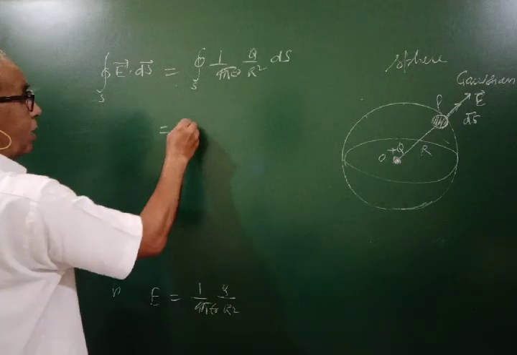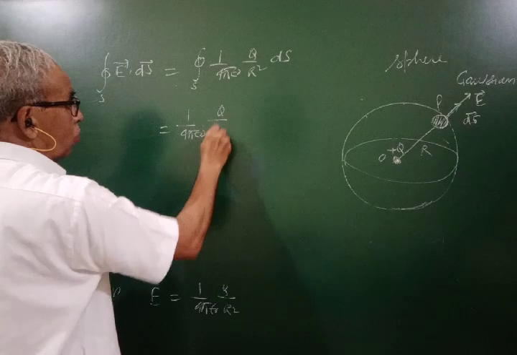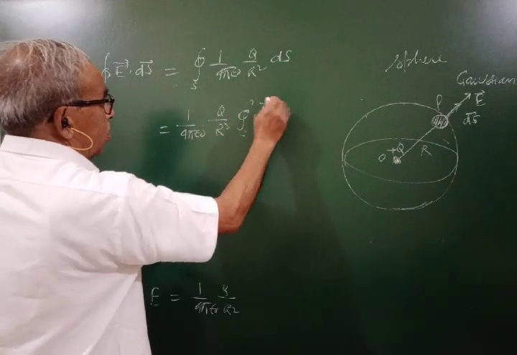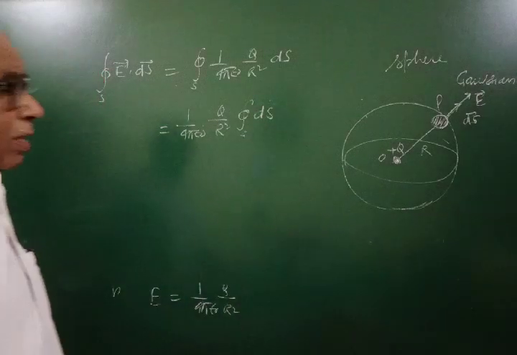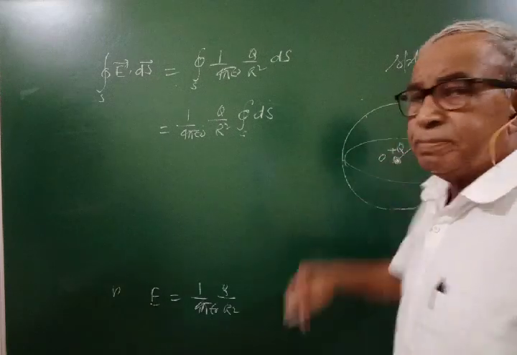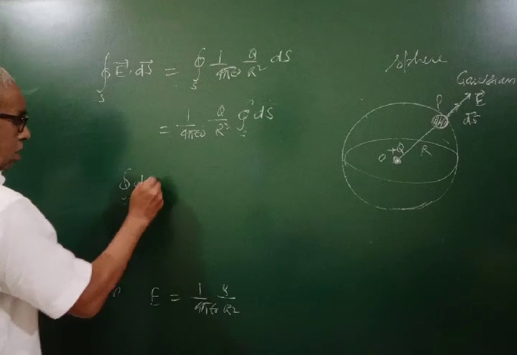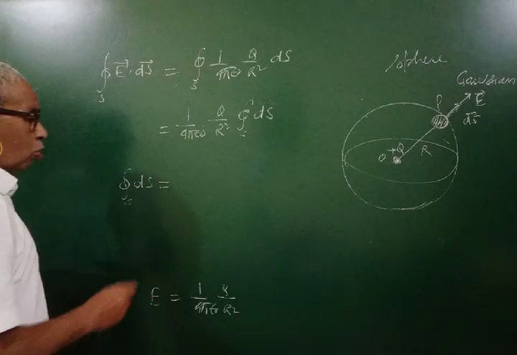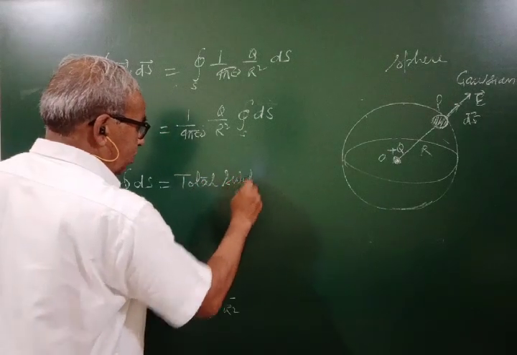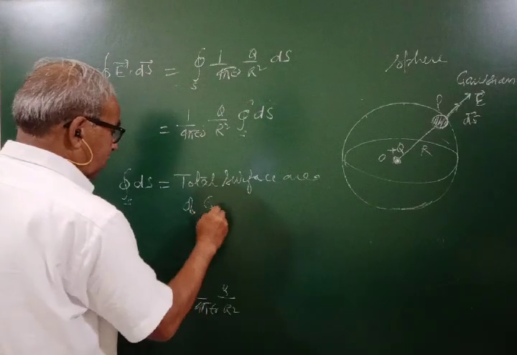So we can write 1 upon 4 pi epsilon 0 Q by r square integration over S of ds. Here ds is the area element, and integration of ds means the total surface area of the Gaussian surface.